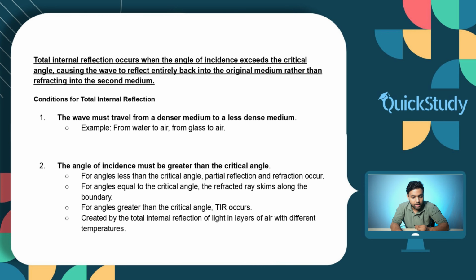But for angles greater than the critical angle, total internal reflection occurs, only when the incident ray is greater than the critical angle. This can be created by the total internal reflection of light in layers of air with different temperatures. Temperature might play a role in total internal reflection, but often we do not take it into consideration.